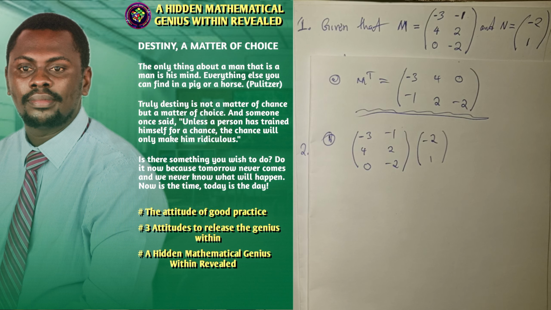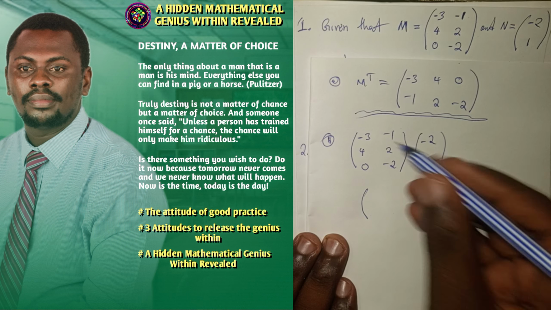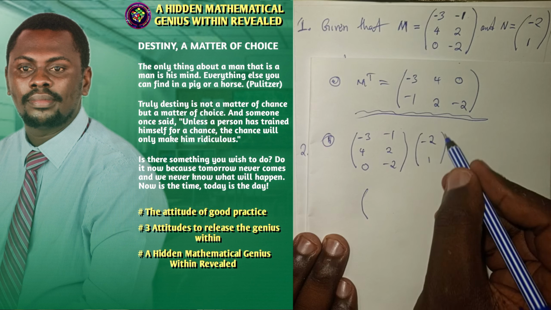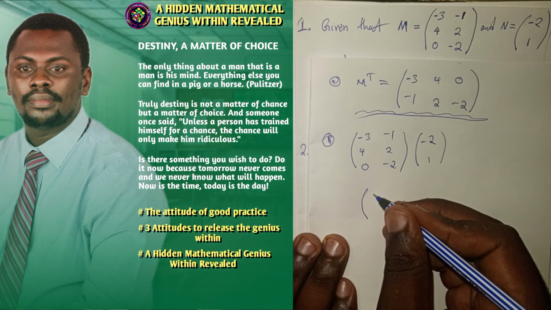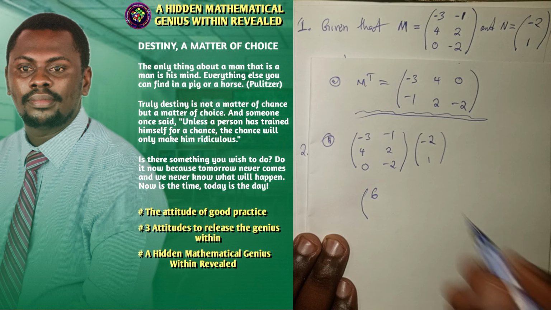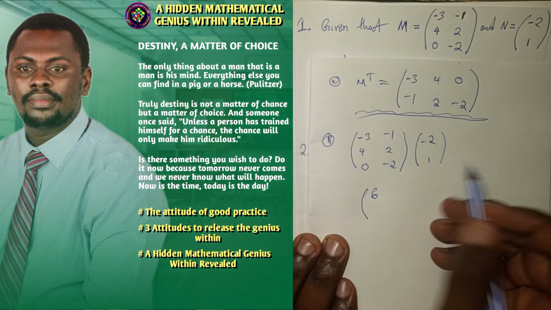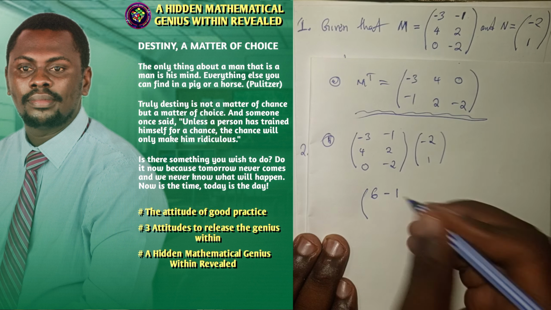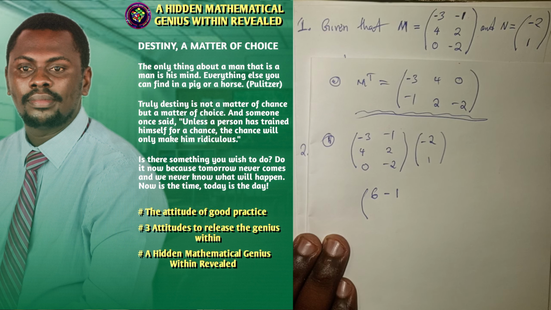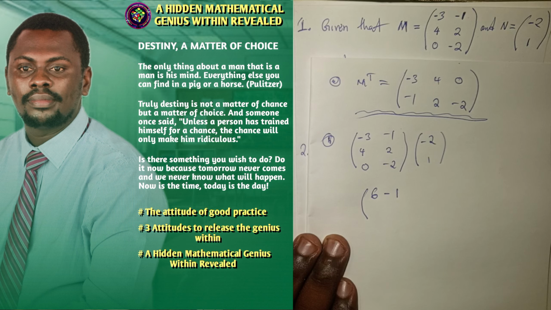Now in this case, we won't have just a column. So we'll say this is -3 multiplied by -2, you get 6. So we have 6 plus -1 multiplied by 1, you get -1. So that is a minus 1. Okay, so we are done with this row.